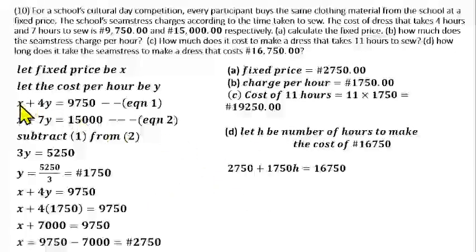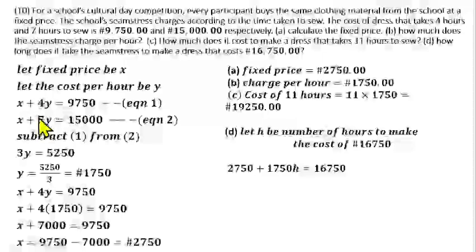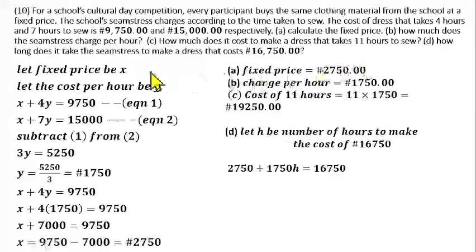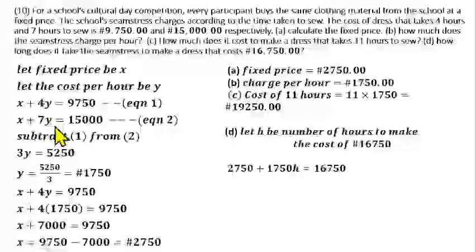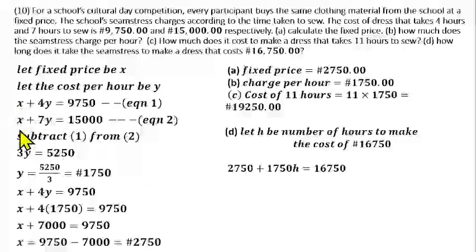We know the value of the fixed price, and we know the value of the charges, which is our y. We are looking for how long it is going to take. We know our y, which is this, and we know our fixed price, which is this.